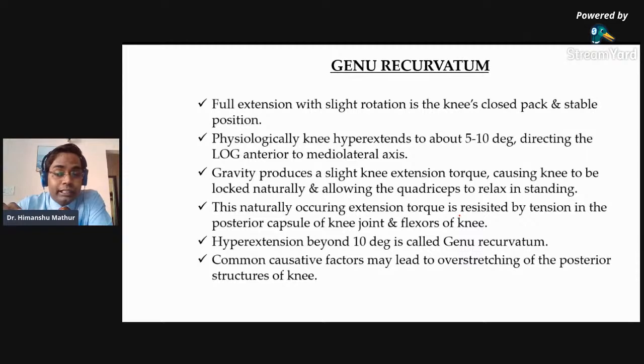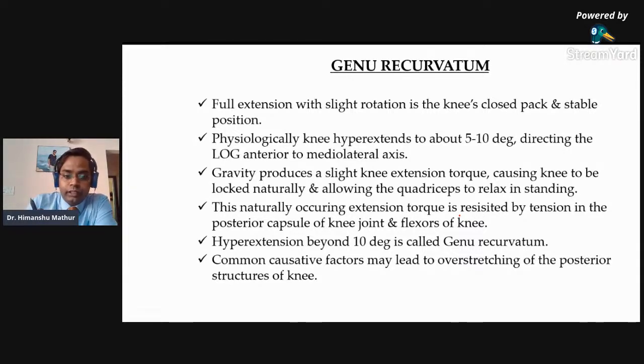So the structures lying posteriorly could be the posterior muscles, the hamstring muscles, the gastrocnemius muscles, and majorly the posterior capsule. The tensile strength of the posterior capsule helps us prevent the extremes of the genu recurvatum position. Hyperextension beyond 10 degrees is called genu recurvatum, which falls into the abnormal category.